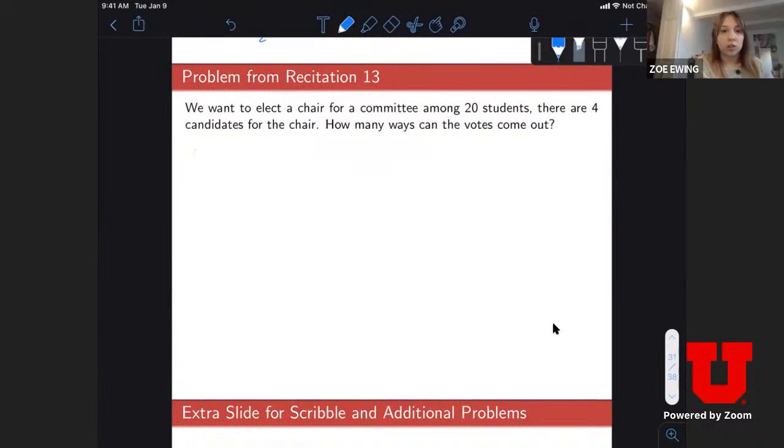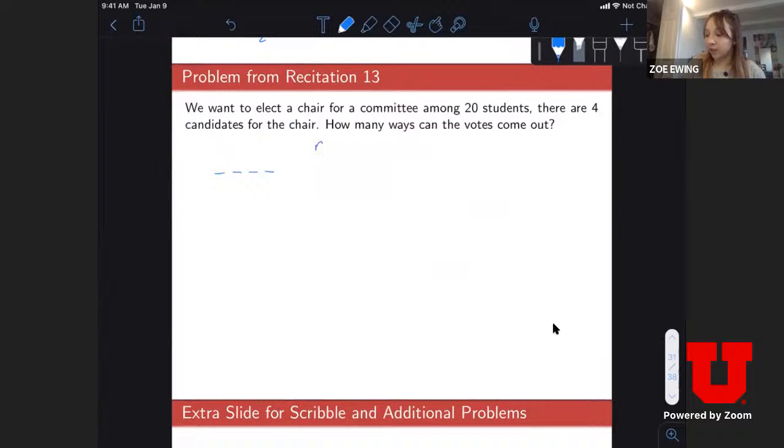Okay, so let's go through this one. First, let's figure out what formula we want to use. So are repeats allowed? Let's first think of what we're selecting. We basically have 4 blanks, and each of these blanks is going to have a certain number of votes for each candidate.